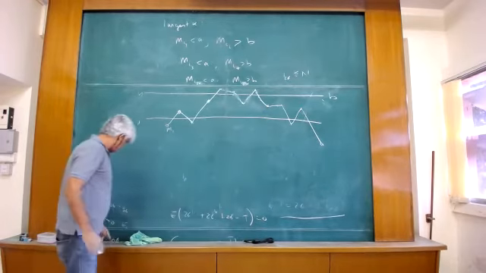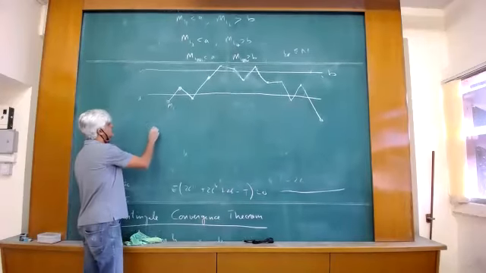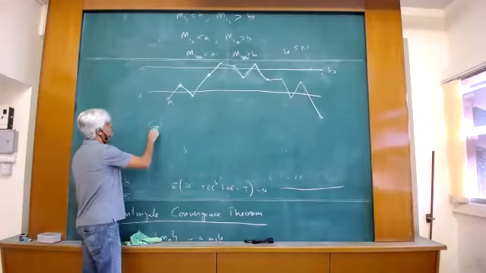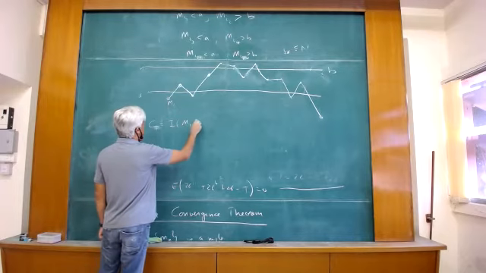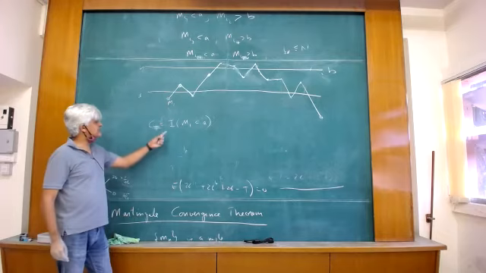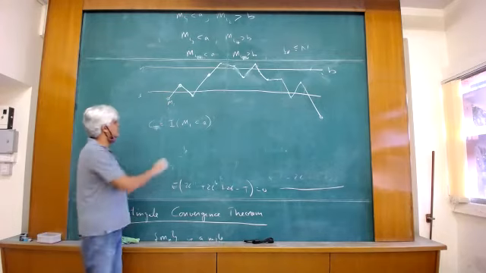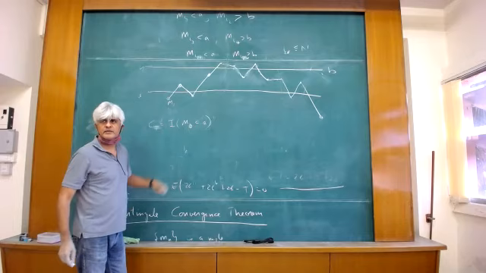So what am I doing? I'm looking at this new process. Let me define C1 equal to the indicator that M1 is less than A. If M1 is less than A, then I'm playing the game. So C1 should be F0 adaptable.